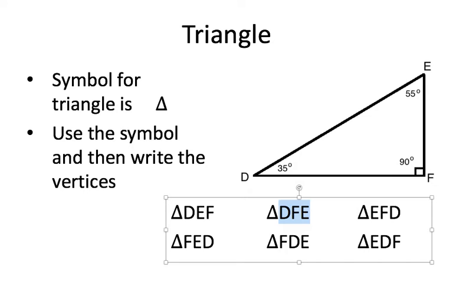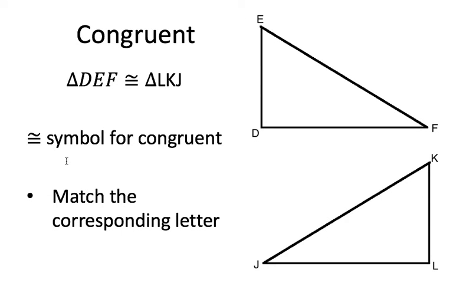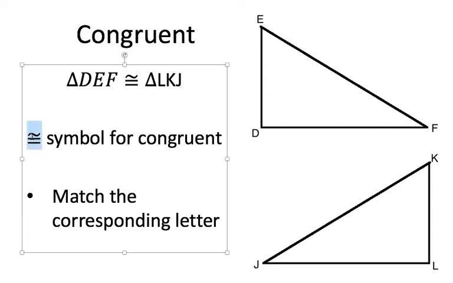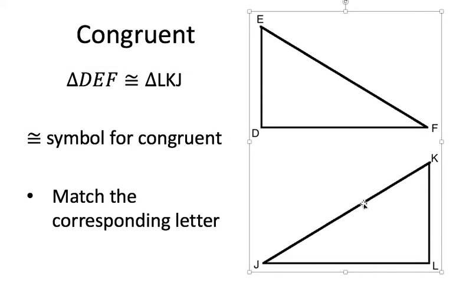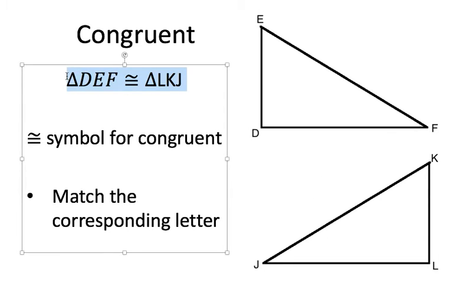Okay. Now, before we had talked about congruent triangles, and this symbol right here is the symbol for congruent. So if I wanted to say this triangle up top is congruent to this triangle down here, this would be the notation. You would read it as triangle DEF is congruent to triangle LKJ.